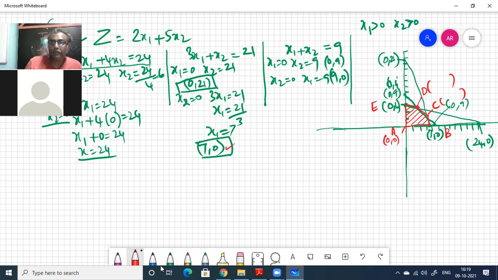Now you have to find C and D. How to find C and D? You have to find the intersection of lines.